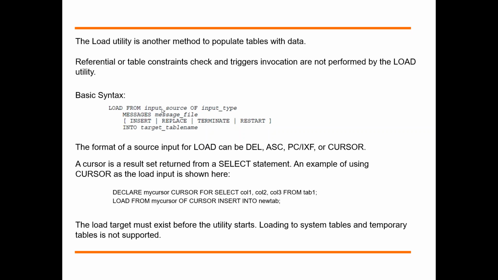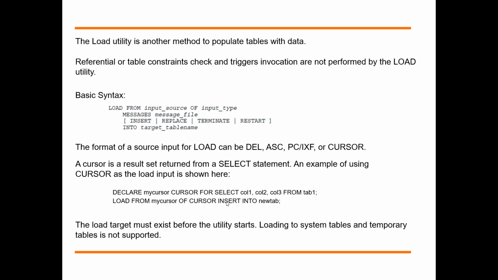The different formats this load supports are delimited ASCII, IXF format, and cursor format. Cursor is something that application developers use to load the data within 2 commands like this. Declare cursor. Cursor is a standard way that application developers refer to a result set, like this select clause.